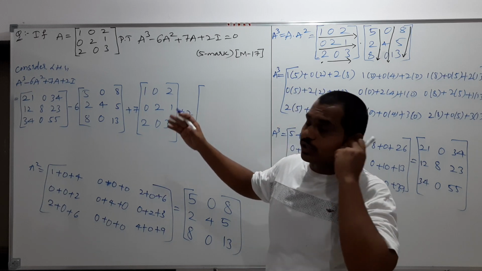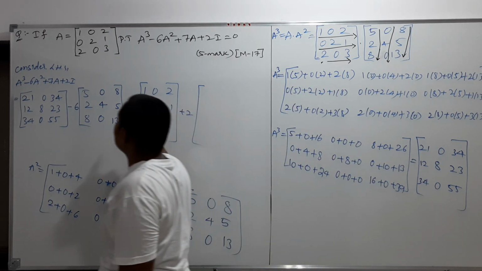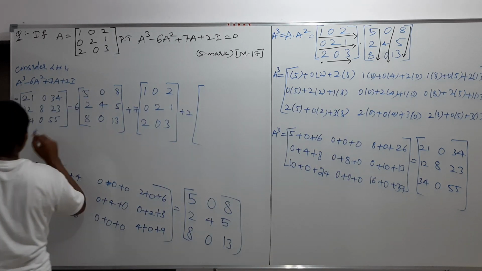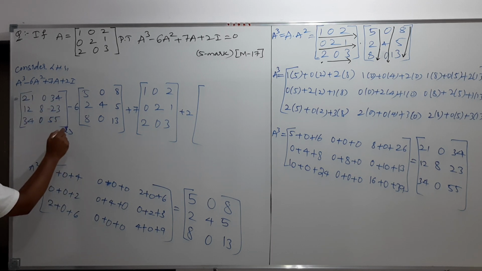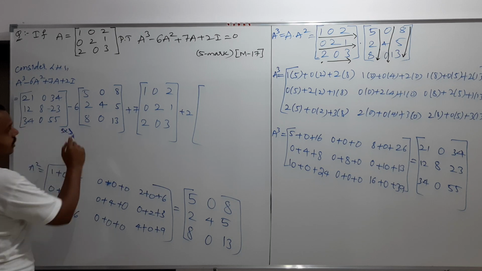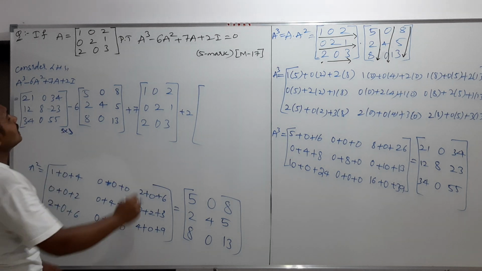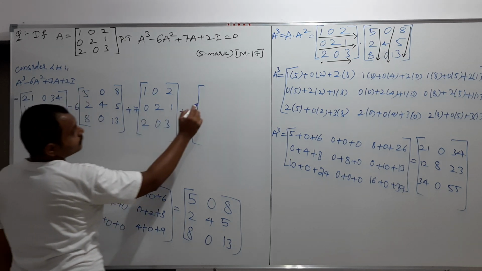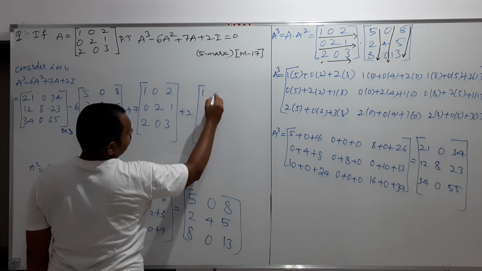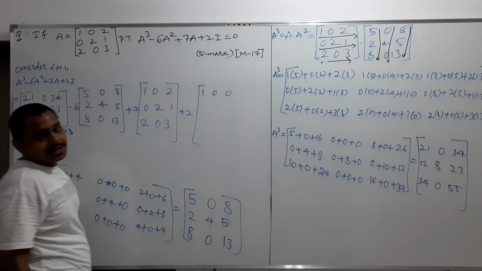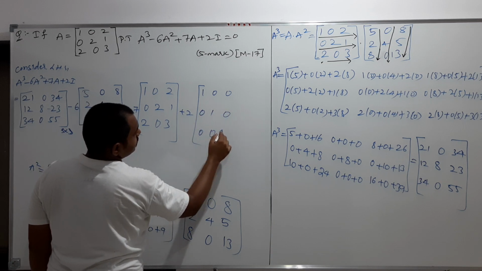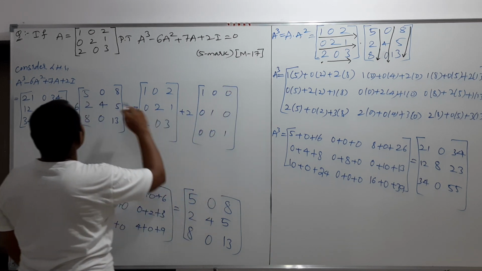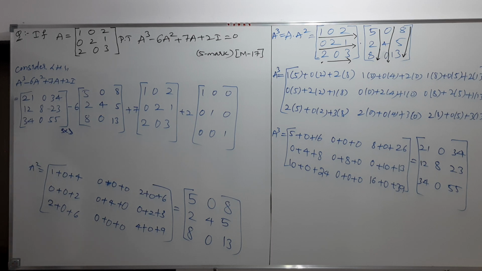Here every matrix is of the order 3 cross 3, so I am considering the identity matrix of the order 3 cross 3. So the 3 cross 3 identity matrix is 1 0 0, 0 1 0, 0 0 1. This is your identity matrix.